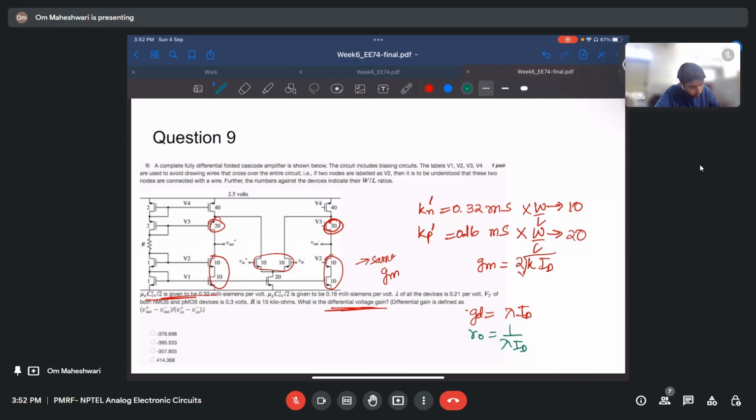All these transistors will have the same R naught, but these two PMOS, since they have twice the width, will have R naught by 2. Is it clear till this? Are you getting what I'm saying?